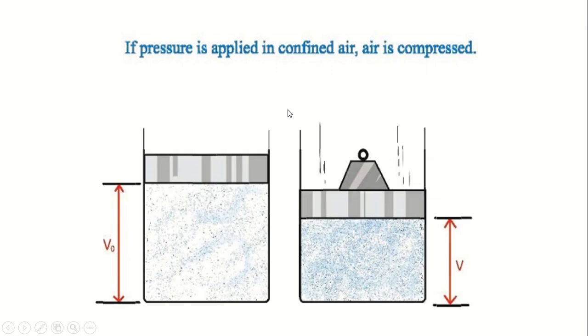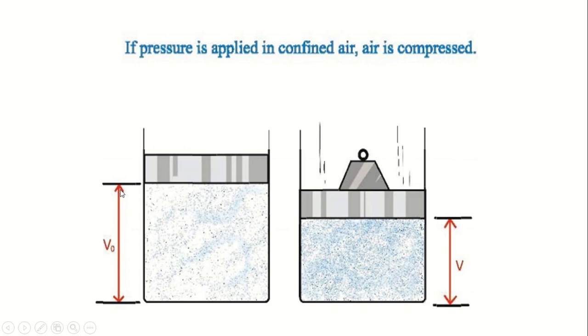Now I will show you what will happen if pressure is applied to confined air. Obviously, air is compressed. Look, here I have taken some gas in a container, and a piston is tightly fitted at the mouth of the container, so no gas can come out.